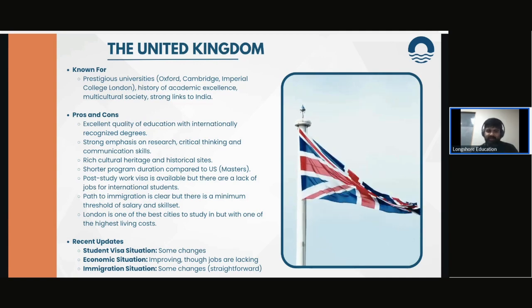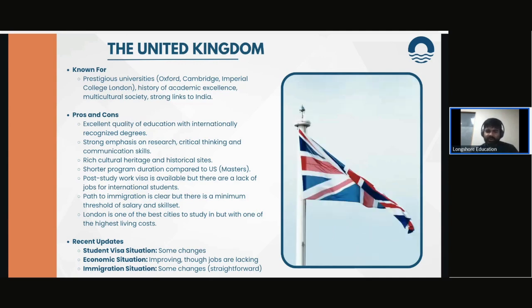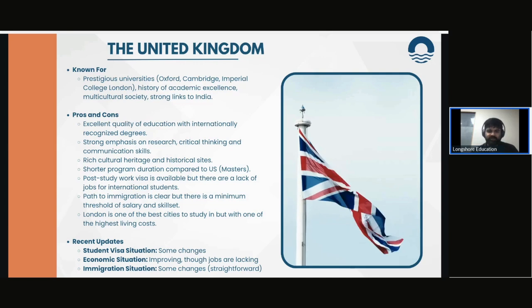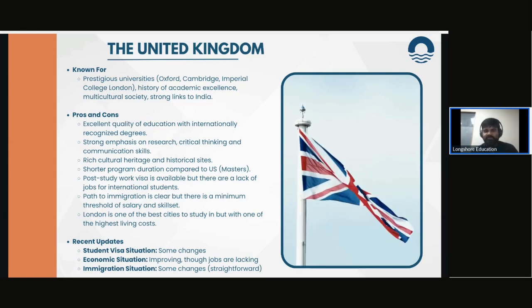There's a shorter program duration compared to the US. A 1-year master's is there, and you've got a big emphasis on research, critical thinking, communication skills, and internationally recognized degrees. Many advantages. There is a clear path to immigration where you are eligible for indefinite leave to remain, the equivalent of a green card, in about 5 years.